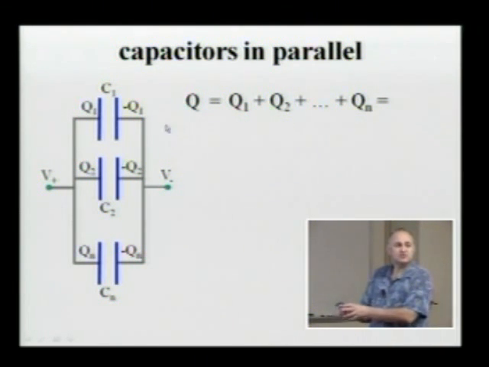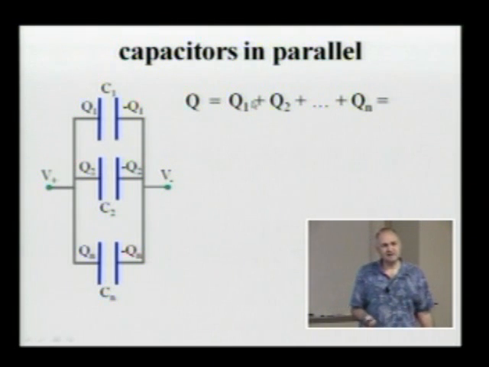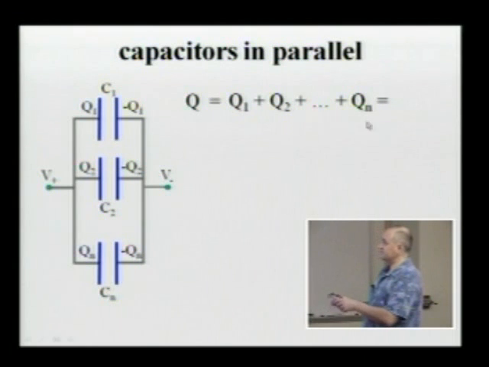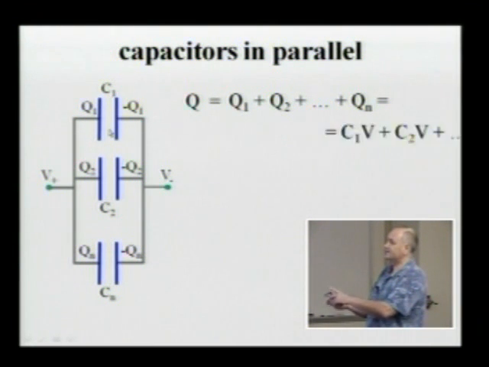Now, how much charge was transferred from one side to the other side? Well, Q1 plus Q2 and so on. So charge transferred from one side to the other side is equal to the sum of the charges on all capacitors, or in other words, charge transferred on individual capacitors. Now, I can relate this charge to potential difference across the capacitor.